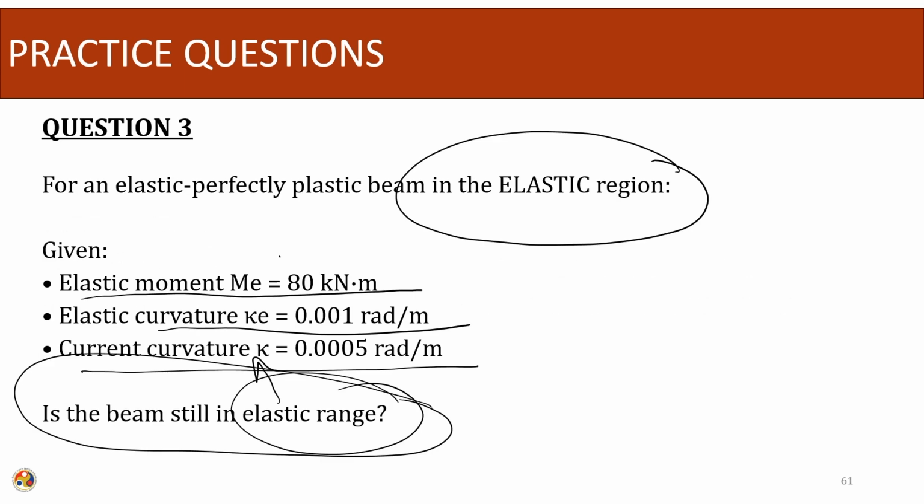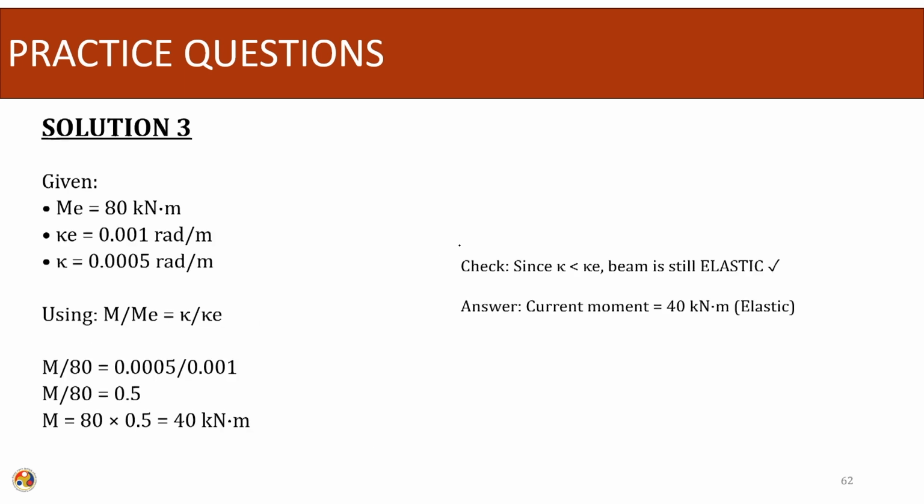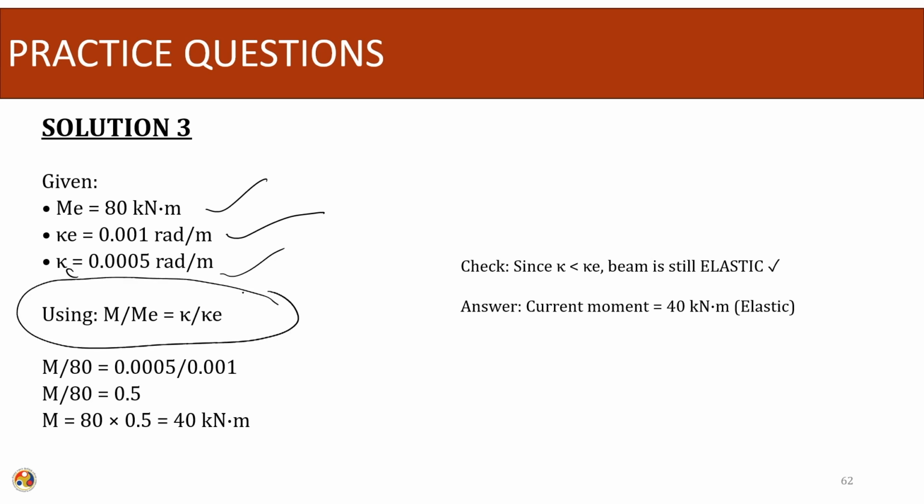The given elastic moment is 80 kilonewton meter. The elastic curvature is 0.001 radian per meter and the current curvature, let us call it Kc, is 0.005 radian per meter. We will use this relationship. Using this relationship, we found that the current moment is 40 kilonewton meter.